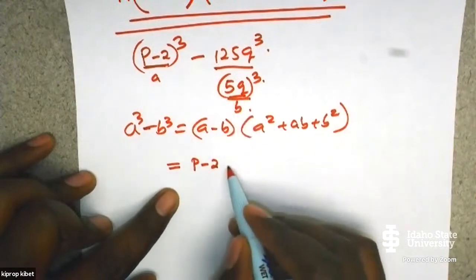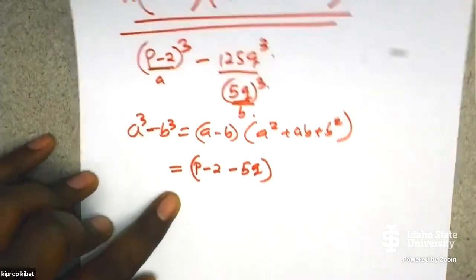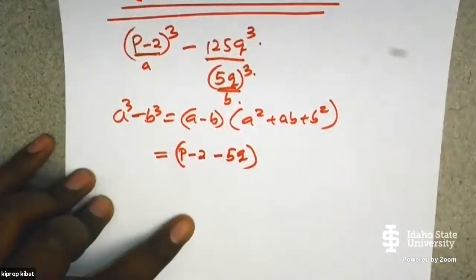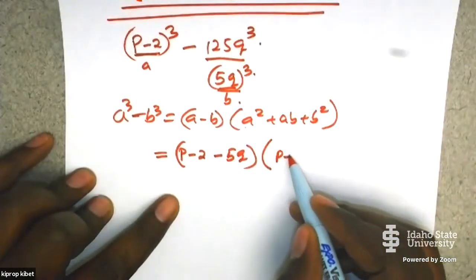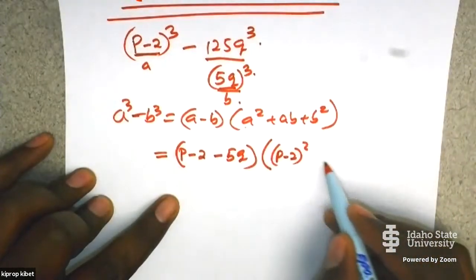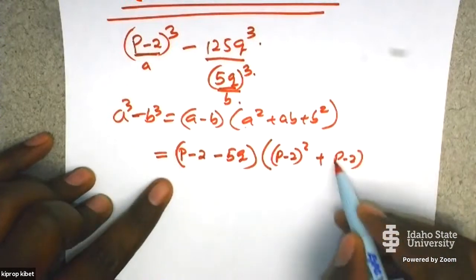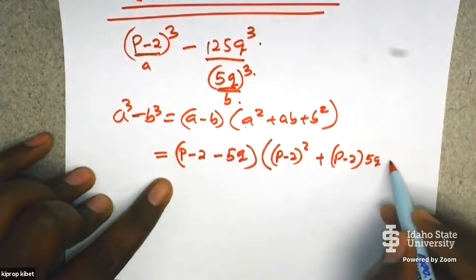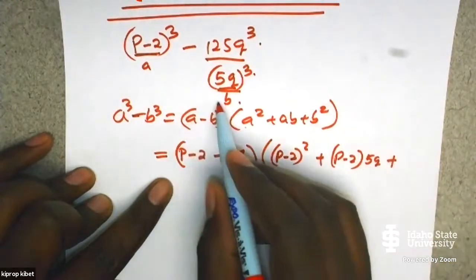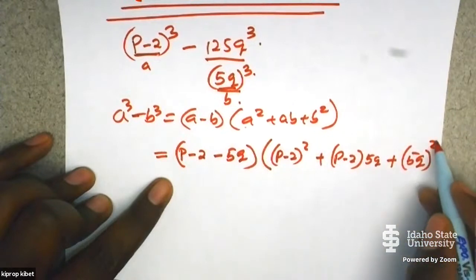B is 5q. So we get (p minus 2 minus 5q), and then the next one, A square is (p minus 2) square, plus A times B which is (p minus 2)(5q), and then plus B square, which is (5q) square.